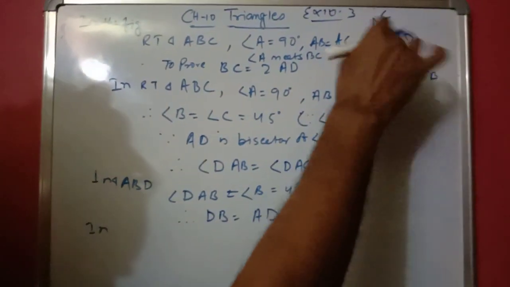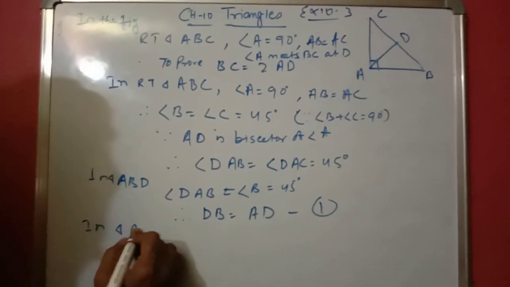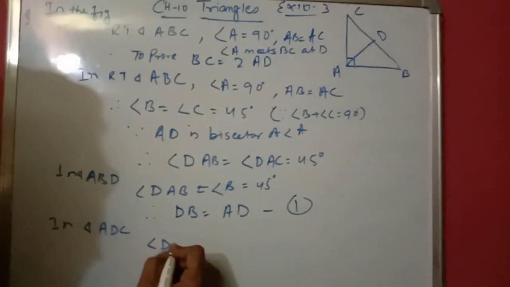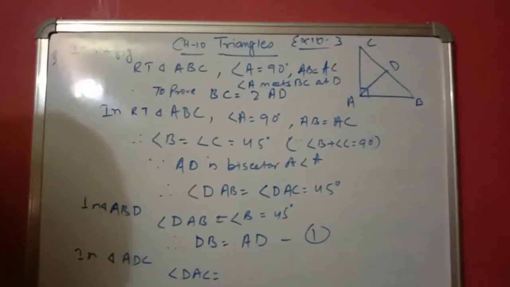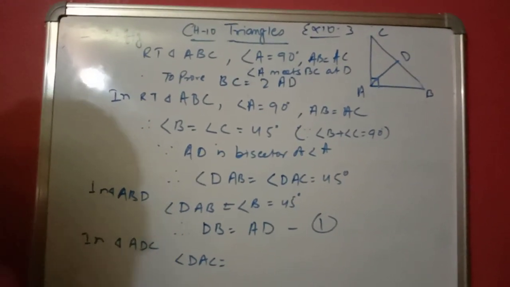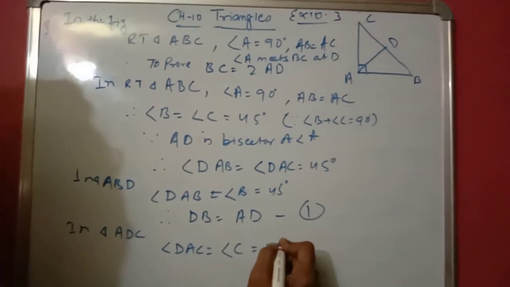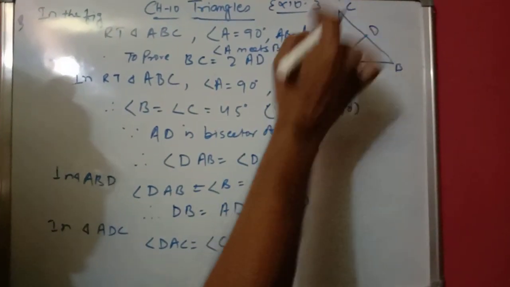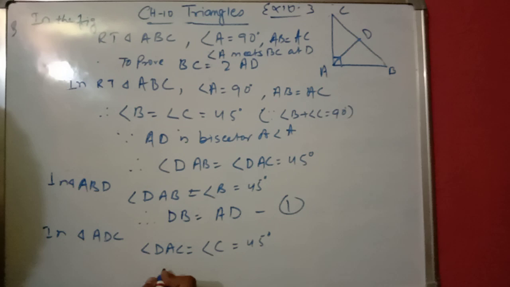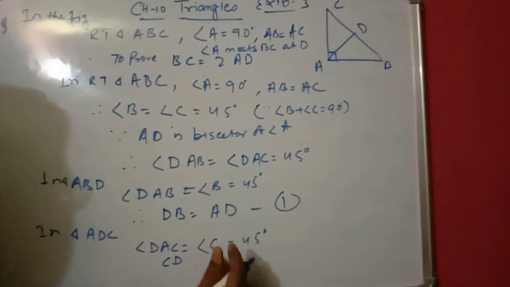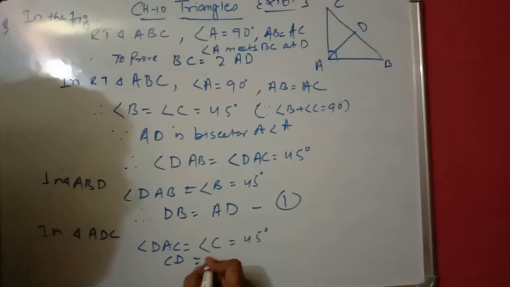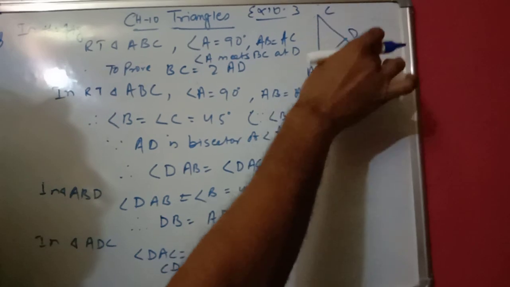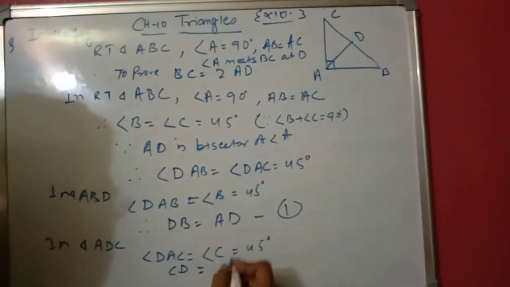In triangle ADC, angle DAC equals angle C equals 45 degrees. Therefore CD equals AD, because of the opposite sides of equal angles.